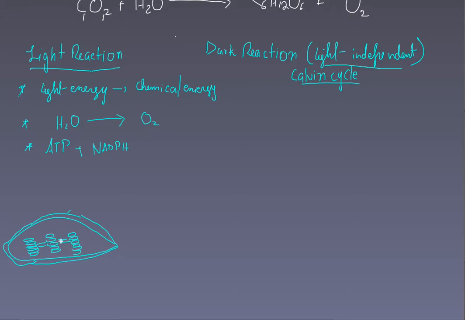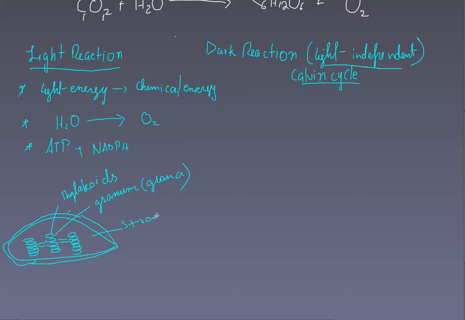These individual coin shaped structures are called thylakoids, and a stack of these thylakoids is called a granum, plural grana. And the fluid outside this structure is called the stroma.